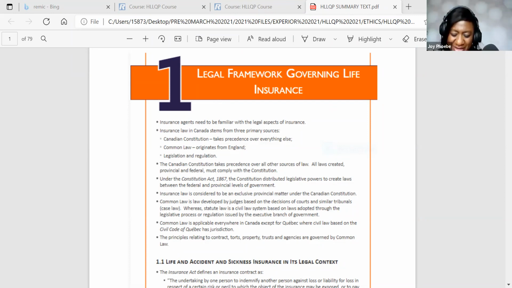Let's move on to marriage and common law spouses. The rights of common law and married couples differ significantly when a relationship breaks down. The first time I read this, I was like, wow.